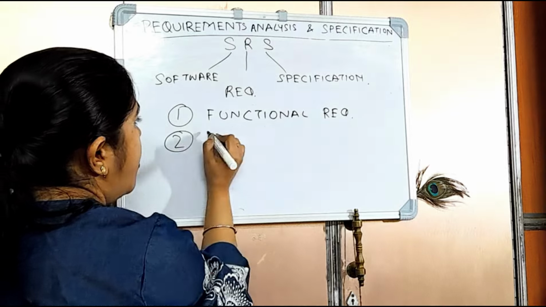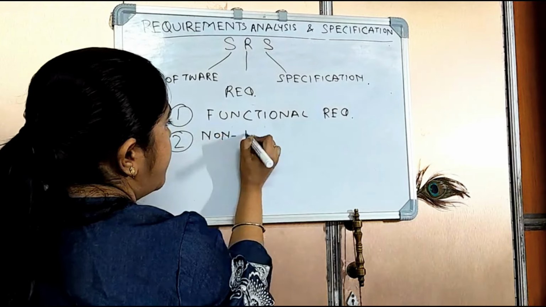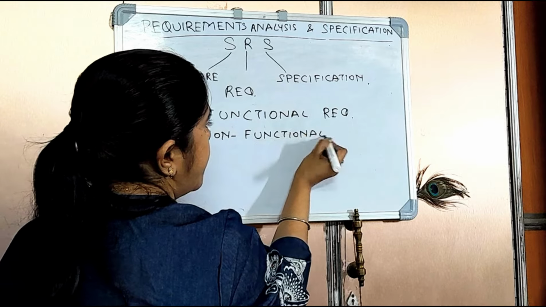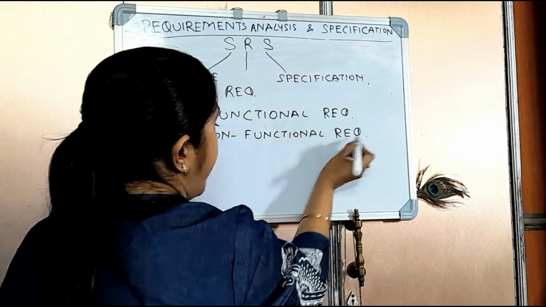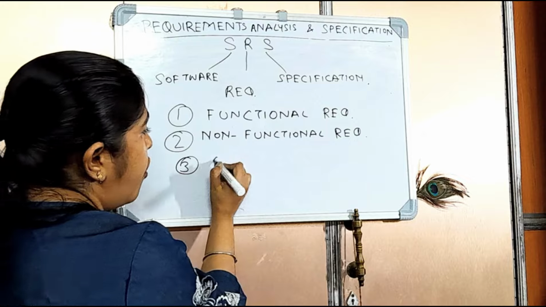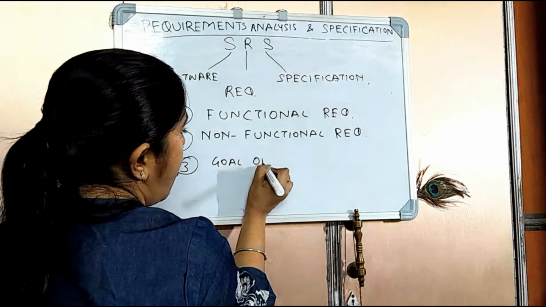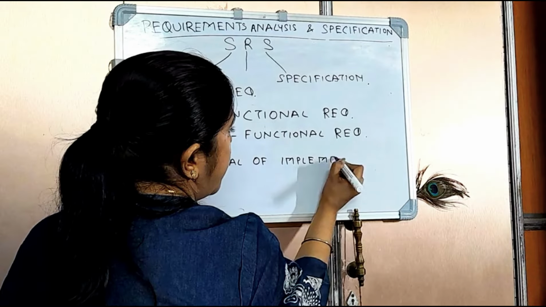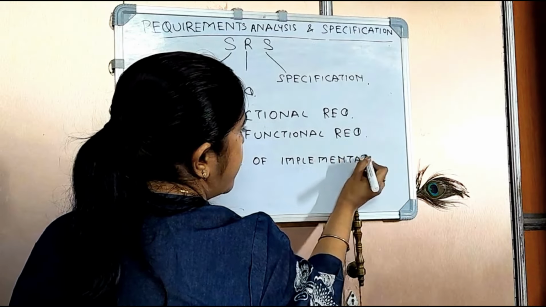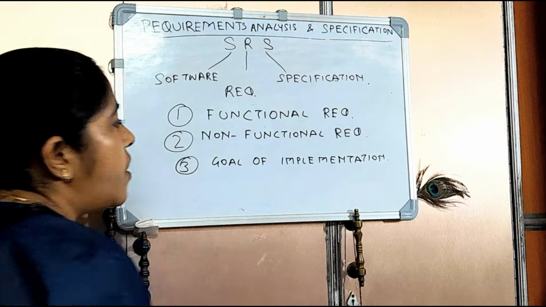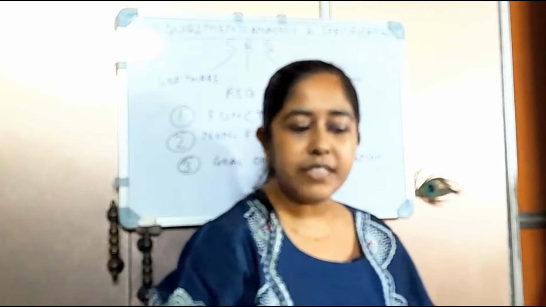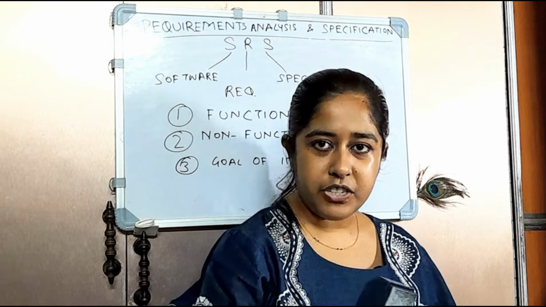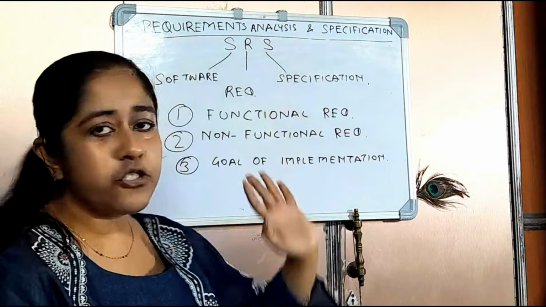Second one, non-functional requirement. And third one, goal of implementation. So these are basically the three things which are mainly in the requirement analysis and specification phase, which are given in this SRS document.